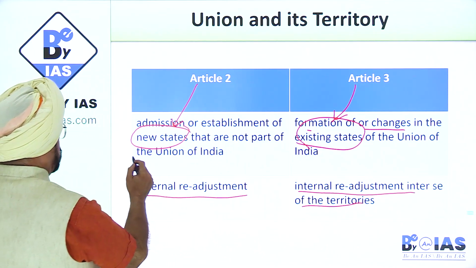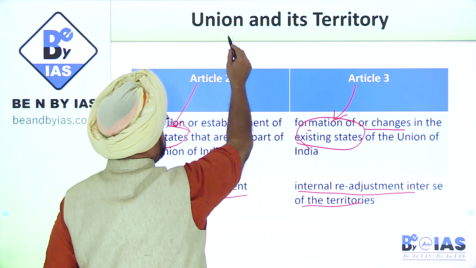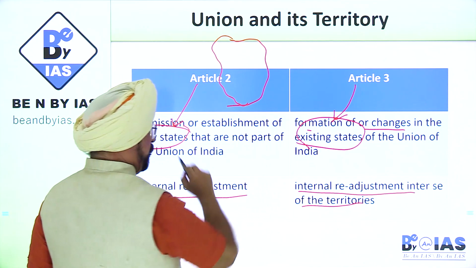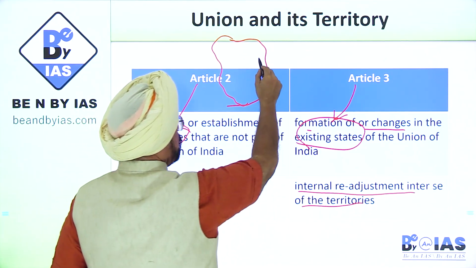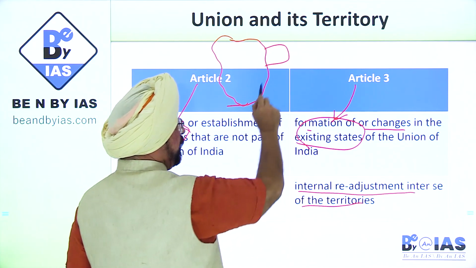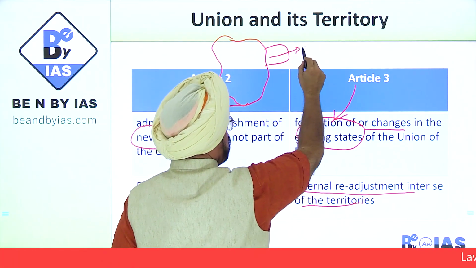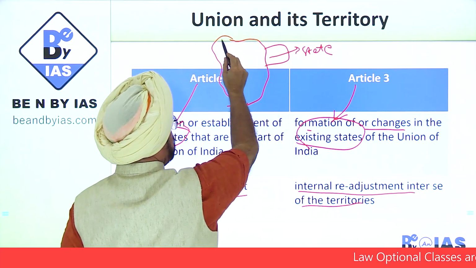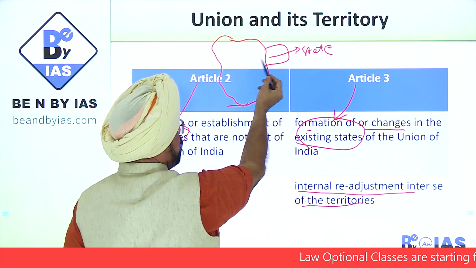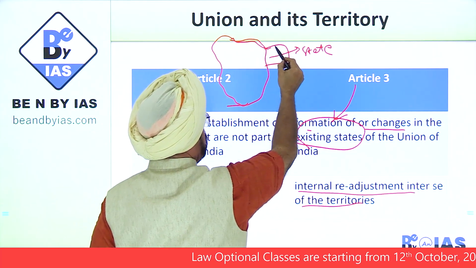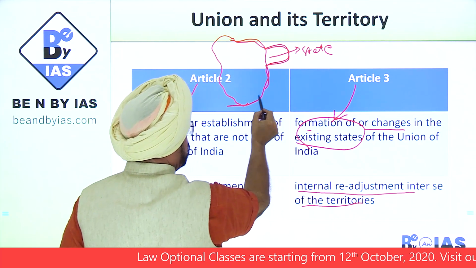Now, suppose we take, this is the country, there is a state which was earlier not a part. So what happens after its merger, after its admission, now our boundary will be like this.